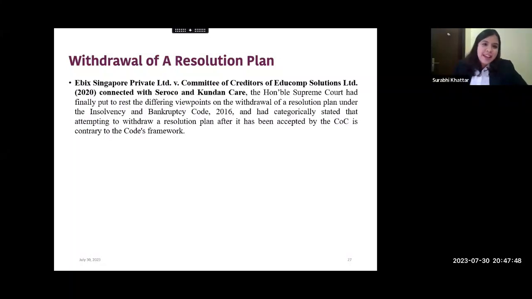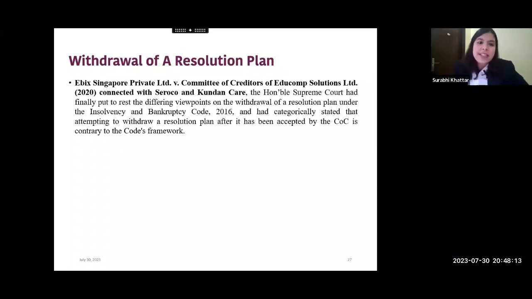A second CIRP had to be conducted to find another resolution applicant, and then the corporate debtor was resolved. In that case, the COC has filed an application seeking losses from the erstwhile successful resolution applicant, and while NCLT Mumbai has recently declined that relief to the COC, the matter is currently pending before NCLT.